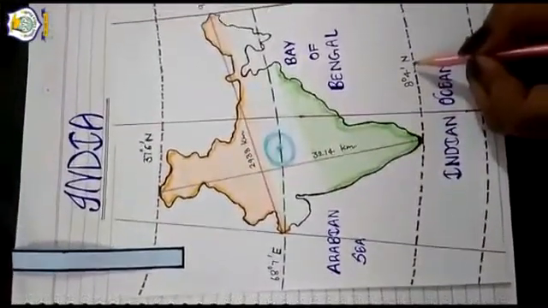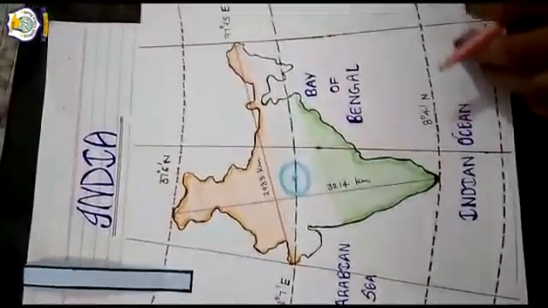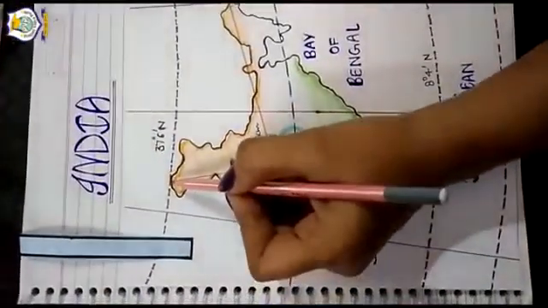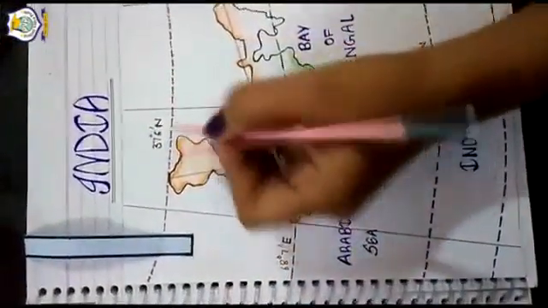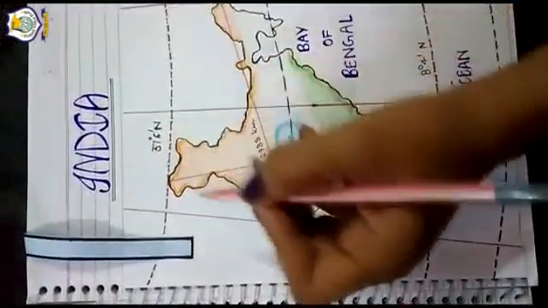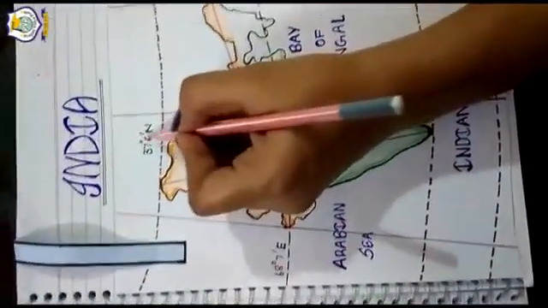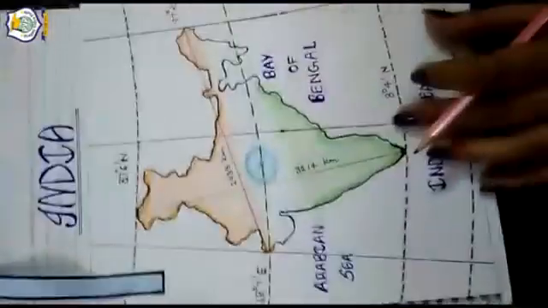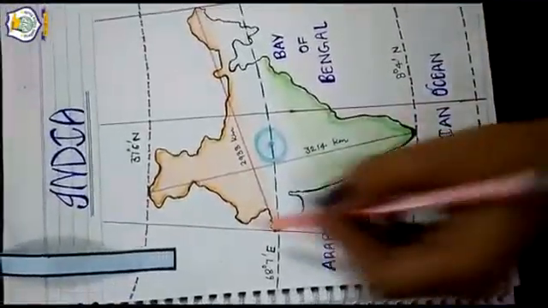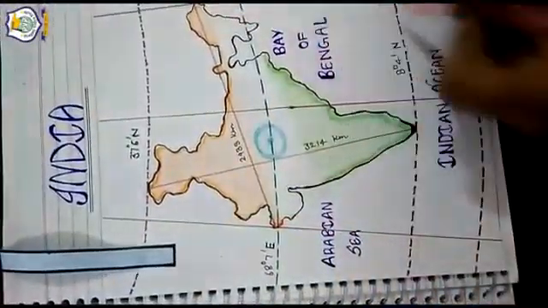India's southernmost tip, that is Kanyakumari, is at latitude 8 degrees 4 minutes north, and the northernmost point, that is Kashmir, is at latitude 37 degrees 6 minutes north.